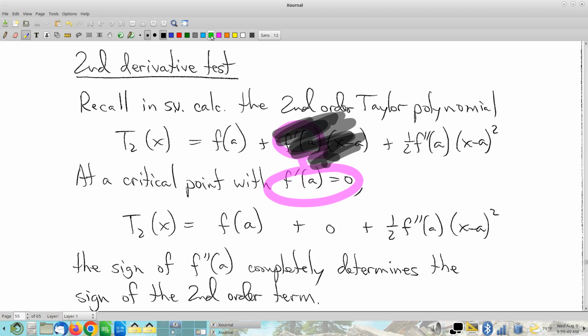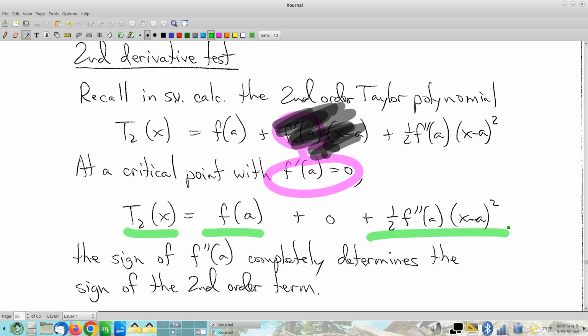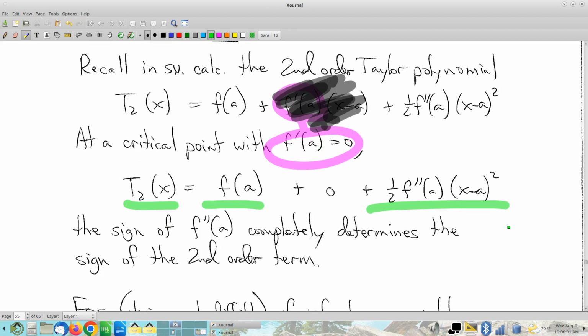Our Taylor polynomial then is just that. That first order term just disappears. And so now I want to decide, okay, well, this function, at the point a, is this a local min or a local max?